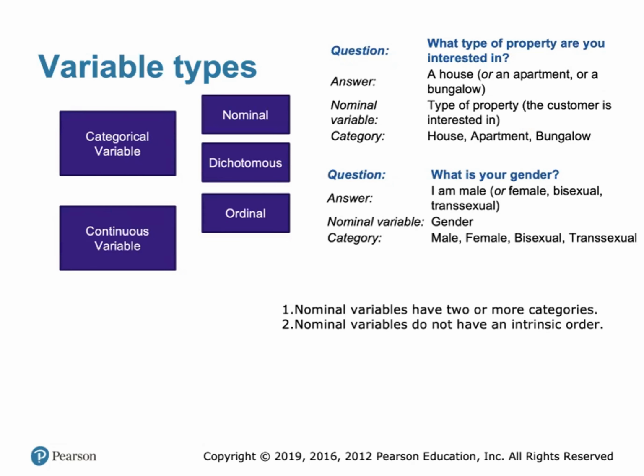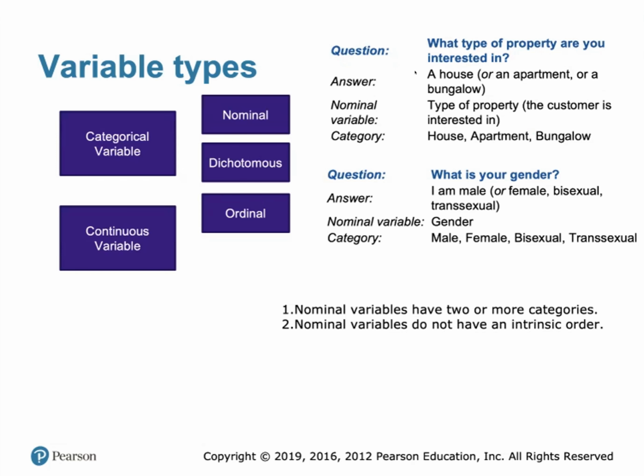So here you can see these questions and answers. Those are examples of nominal variables. Nominal variables have two or more categories, and they do not have any strict order. It's just a name, a label, right? So first question, what type of property are you interested in?